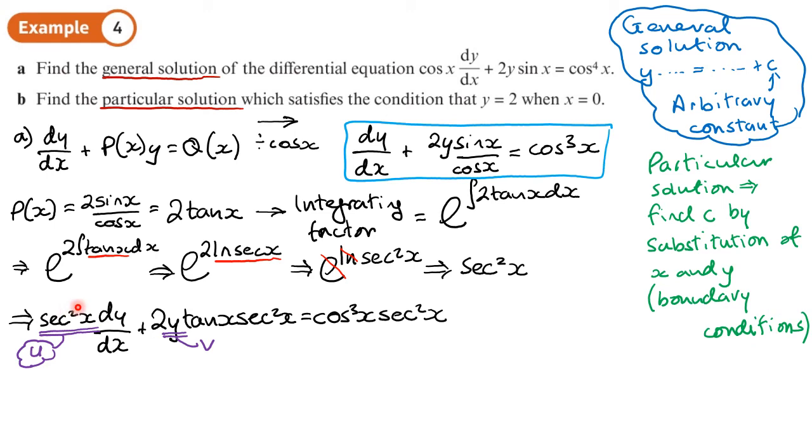So the bit next to dy dx, all of that will be u, and everything apart from, or you can say just the y, is v. So the 2 tan x sec squared x, all of that is u dash, and this is v dash, but we don't want those. We want to say that actually all of this statement on the left is what we get when we differentiate uv, which is sec squared x y.